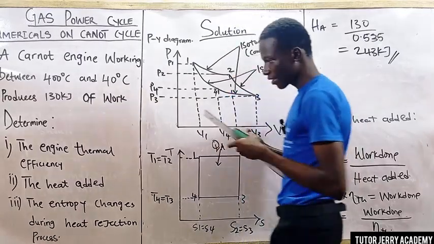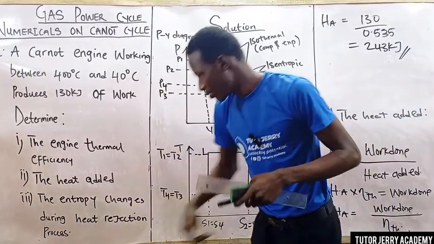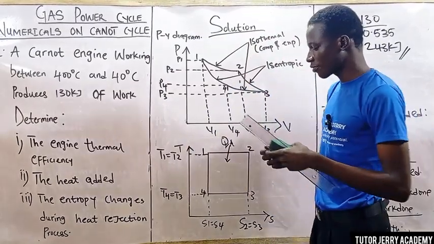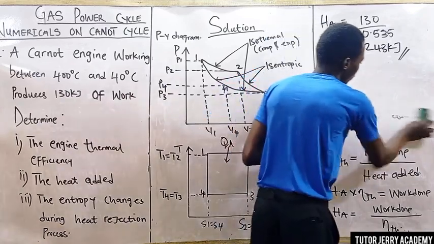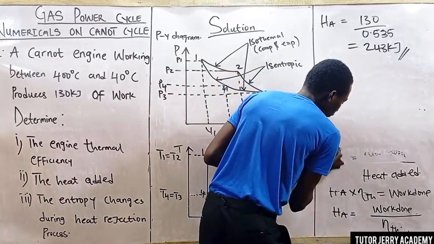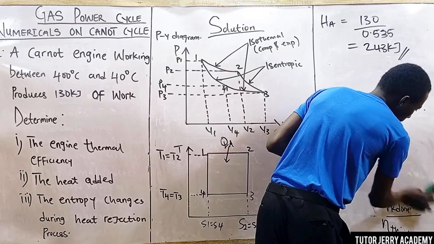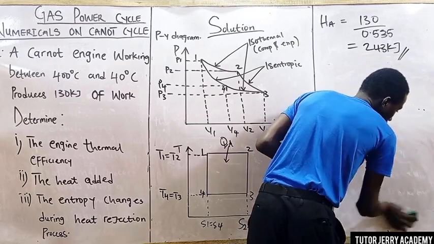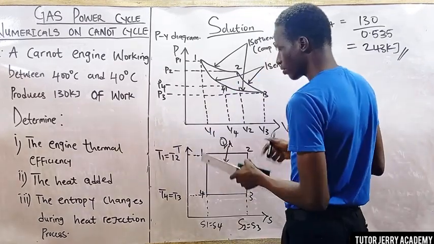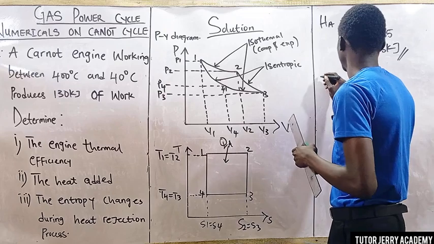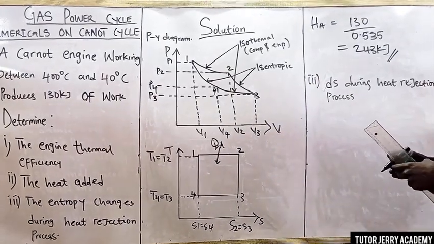Next, our last question says to find the entropy change during the heat reduction process. Question 3 says, the S, of course, is our change in entropy.